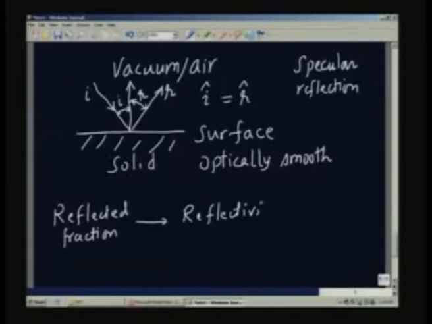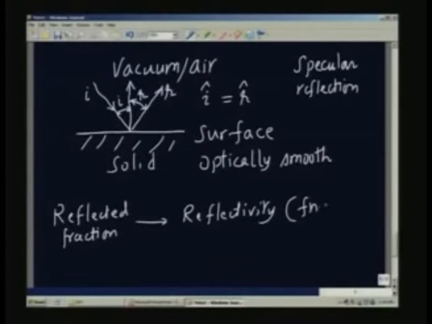If we are able to measure both the incident radiation as well as the reflected radiation, by taking the ratio of one with respect to the other, we will get the reflectivity of the surface, and this generally is a function of the angle I. That means, if I have a specular surface, the reflectivity of the surface depends on the angle.